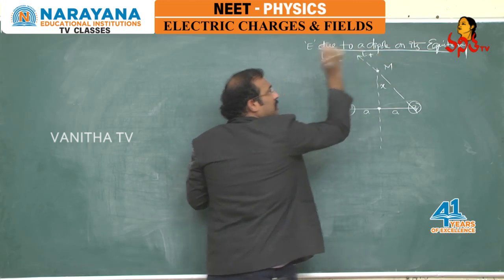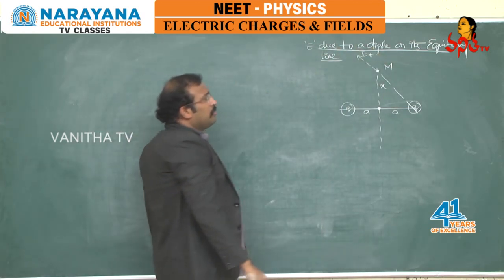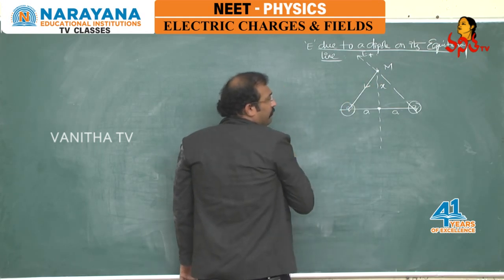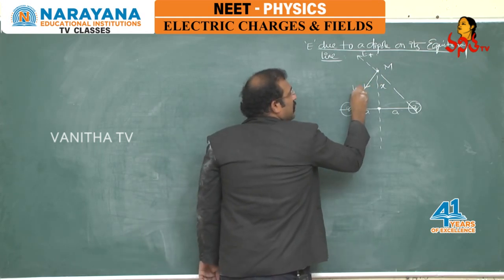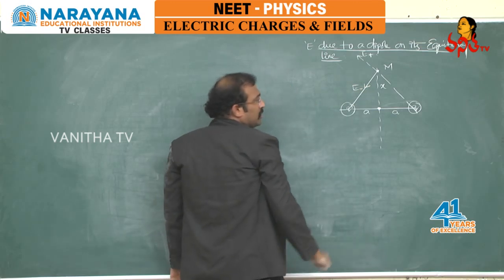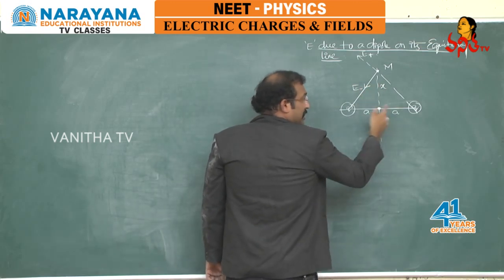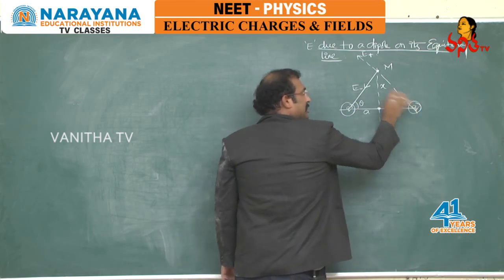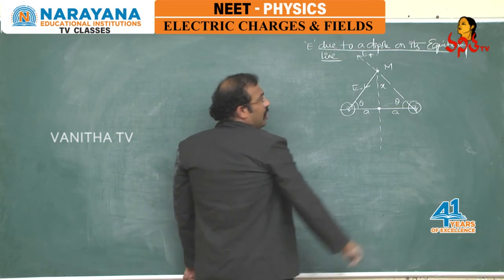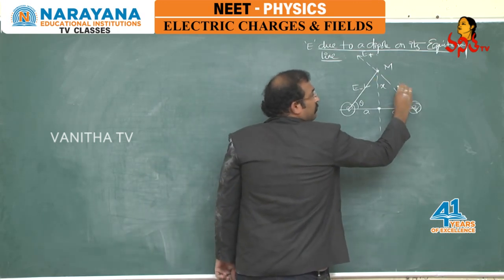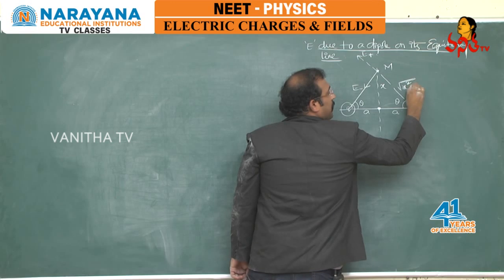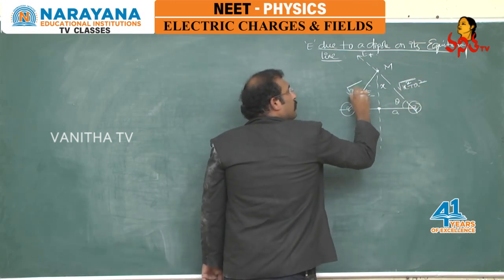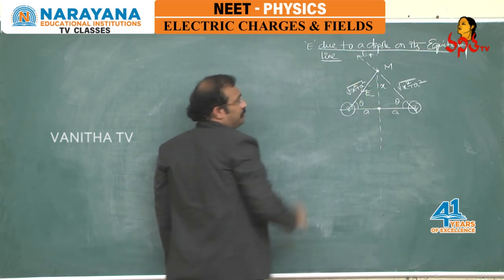Electric field due to the negative charge is towards the charge, which will be like this. This is the distance x and this is a and this is a. Then this angle will be definitely equal to this angle. And this distance will be root of x square plus a square, and this distance also root of x square plus a square.